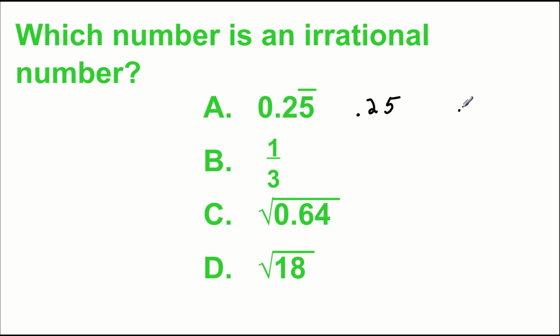For a decimal to be irrational, it has to be something that keeps going without repeating. Usually you see the 3 dots at the end of it. Okay? So irrational would mean the 3 dots at the end. The line over the top, that's going to be rational. That can be written as a fraction. Rational numbers can be written as fractions. So a fraction is always going to be rational. Okay? As long as it doesn't have letters or pi symbols on it.